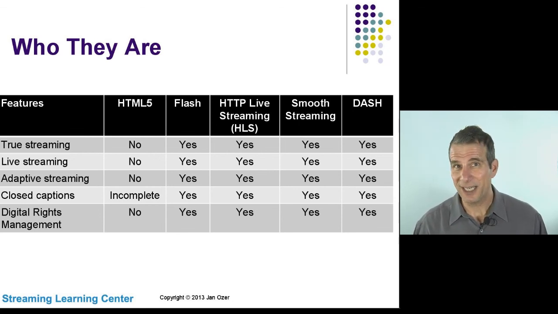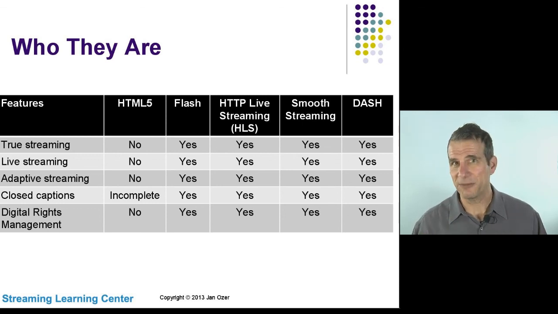And then DASH is Dynamic Adaptive Streaming over HTTP. That's an upcoming standard that's slowly working its way into wide adoption, but it's not quite there yet. So we see on the left, HTML5 does none of these except for captioning, and that's incomplete. These advanced technologies can give you all of these.